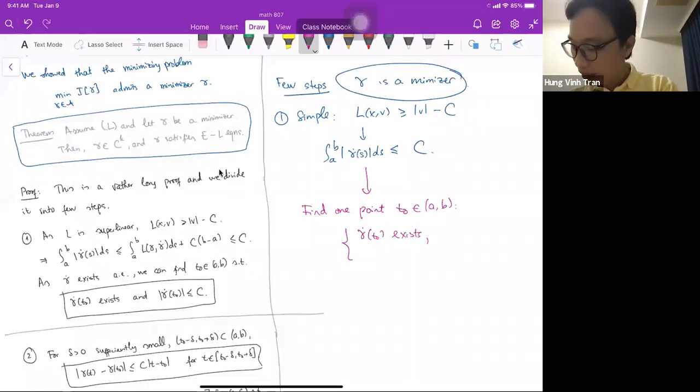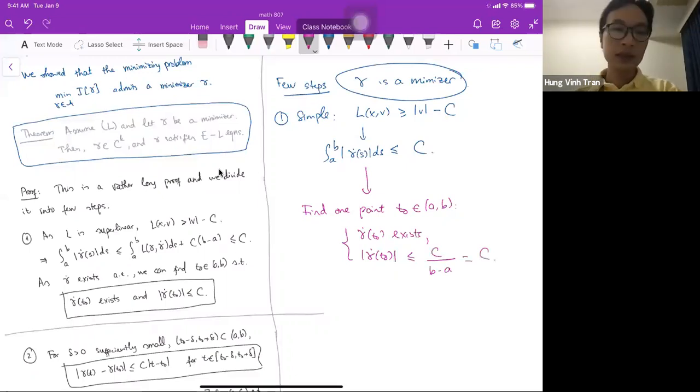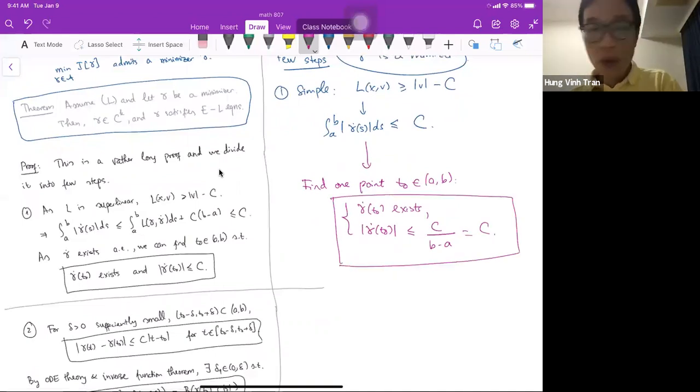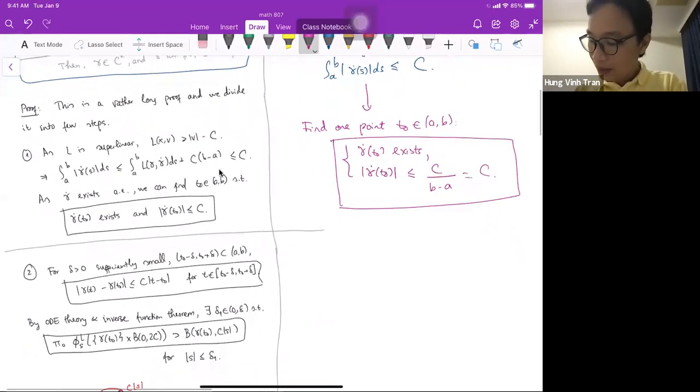At that point, you can see that the norm of gamma dot of t naught is less than C. You can write exactly C over b minus a, but this is denoted by C again. My constants change from inequality to inequality and line by line. So you have the existence of one point at which the velocity is bounded, and that's enough for us.